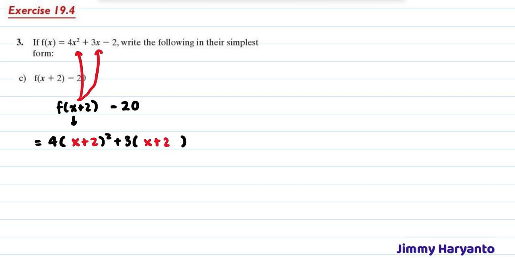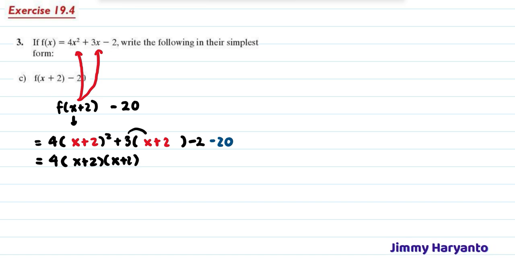You will input it with x plus 2 and then minus 2, and then we still have negative 20 after that. And then after this you can simplify the expressions by expanding the squares like this and multiply the 3.